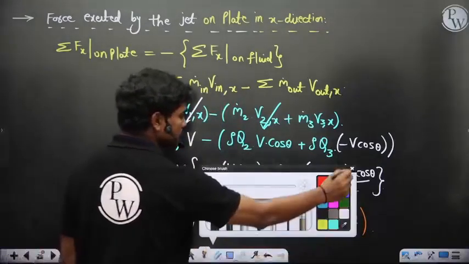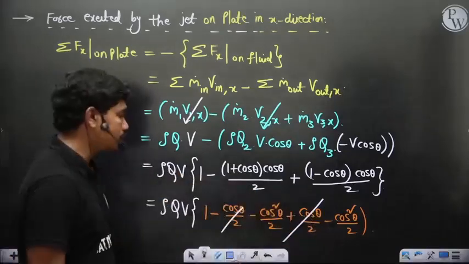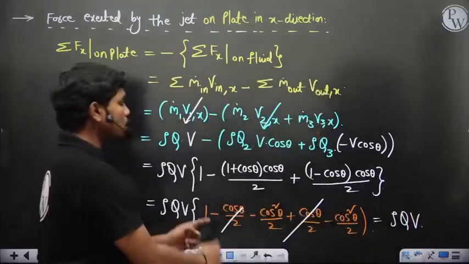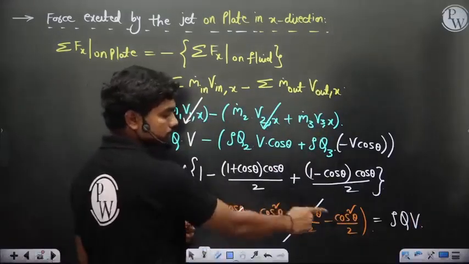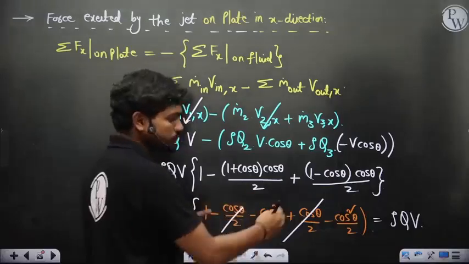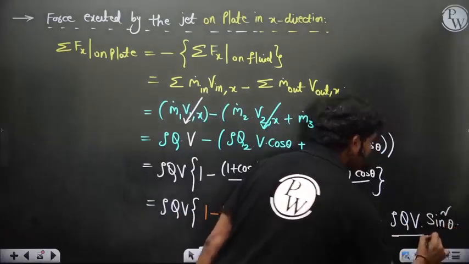So minus cos square by 2 minus cos square by 2 gives you rho Q v into 1 minus cos square theta, and 1 minus cos square theta is sin square theta, which you all might have studied.